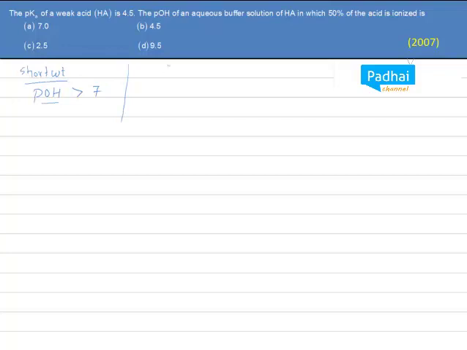Now how to solve it? What is the proper method? Let's do that. For an acidic buffer, pH is given by pKa plus log of salt upon acid, that is, the concentration of salt divided by the concentration of acid.